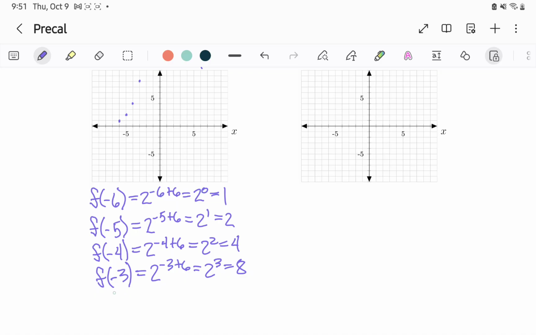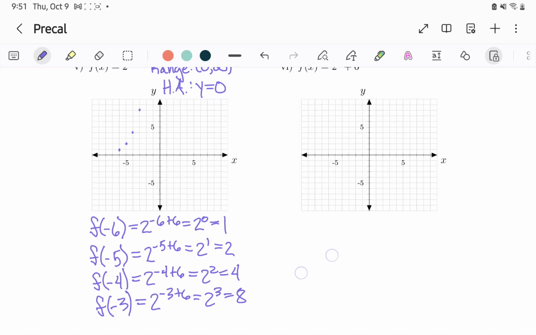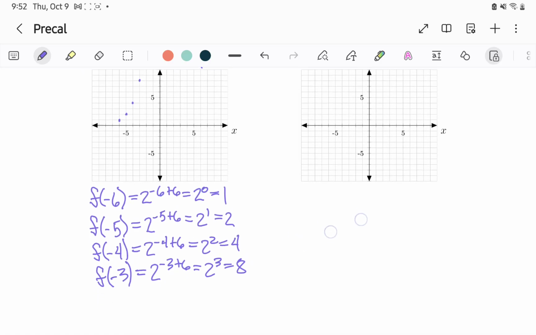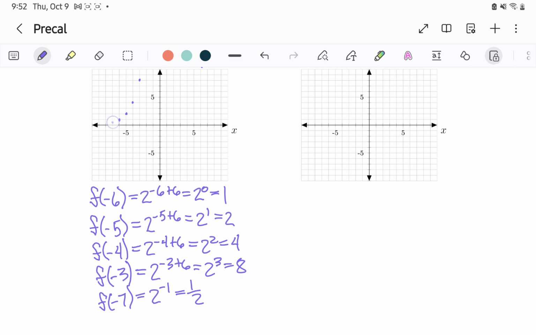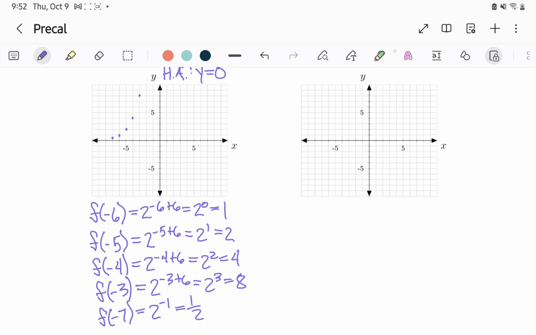And f of -7, how about we do that? It's going to equal 2 to the -1, which is equal to 1/2. So it's going to go through the point -7, 1/2. Okay, and I think we have enough points now. So let's go ahead and connect them.